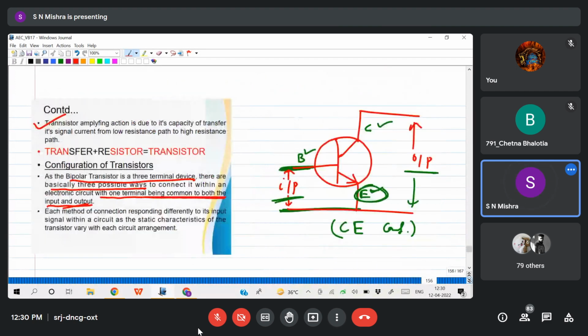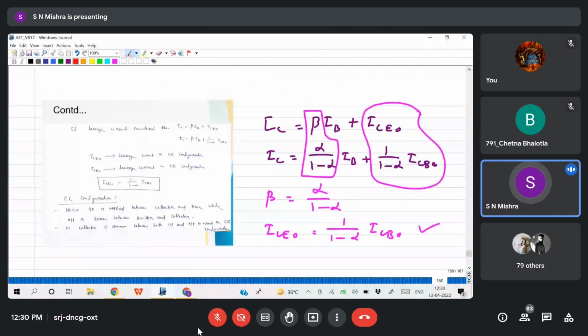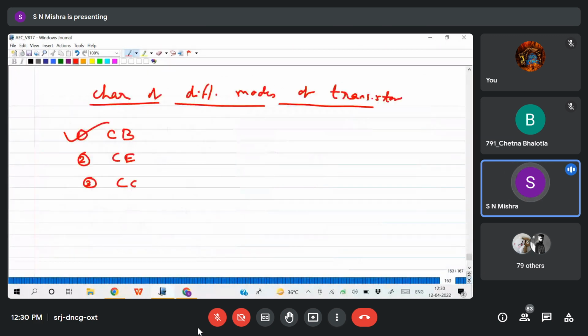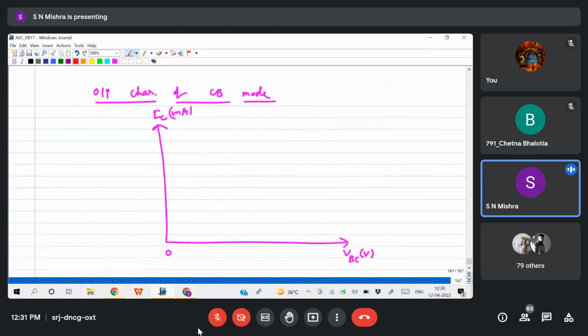So what I am trying to explain here: when you plot the output characteristic, we have to fix the IE. So IE 0 milliampere, 1 milliampere, 2 milliampere, 3 milliampere, like that you have to fix. Then you increase the VCB and observe the output current as IC.